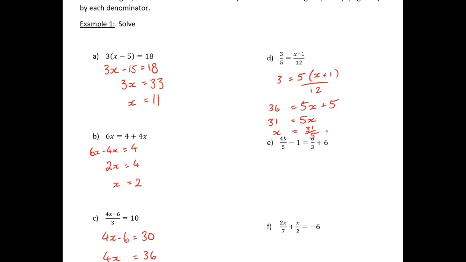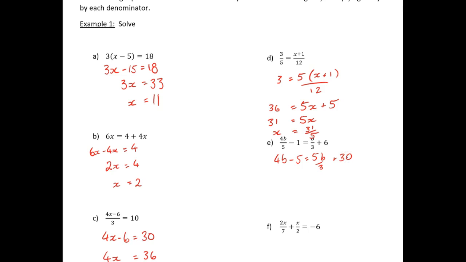Now, E here, a few fractions and multiple terms on each side. We have to be careful that we multiply each term by each of those denominators. So starting off here, we're going to multiply by 5, and that gives me 4b minus 5 equals 5b on 3 plus 30.